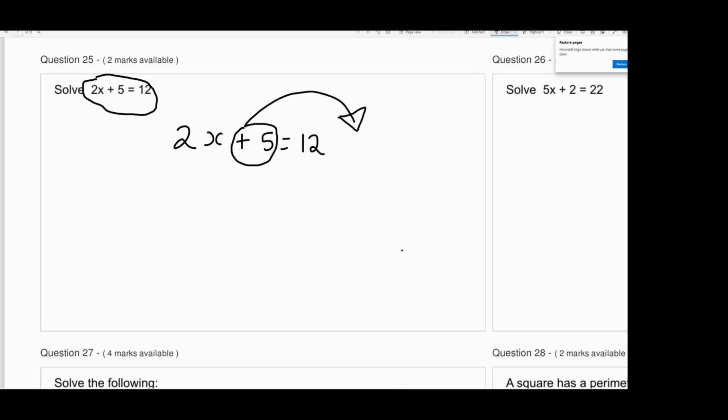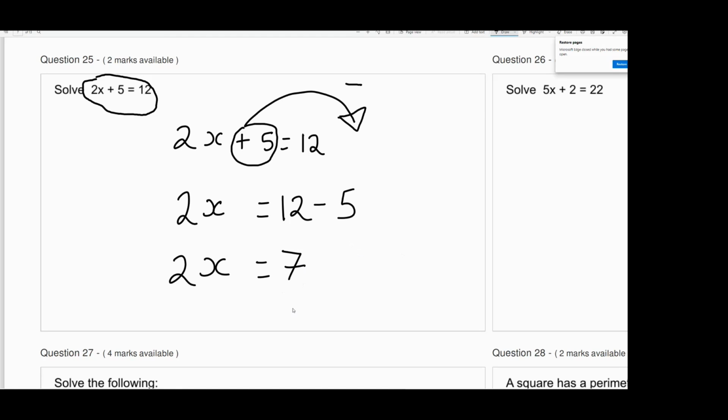Well, when you take something over the equal sign, it becomes the opposite sign. So if it's plus 5 on the left, it becomes minus 5 on the right. So we have 2x equals 12 take away 5, which is going to be 7.